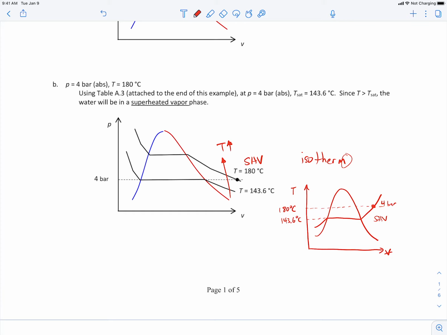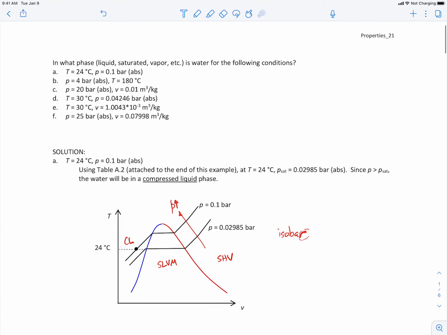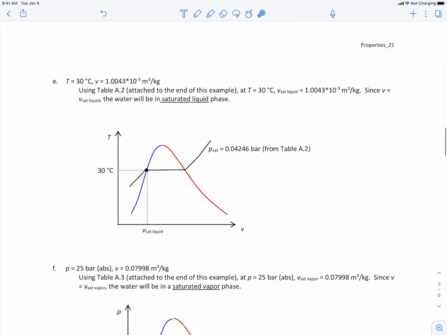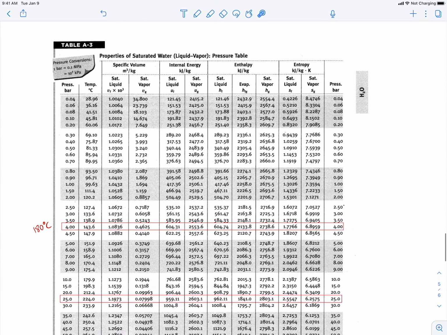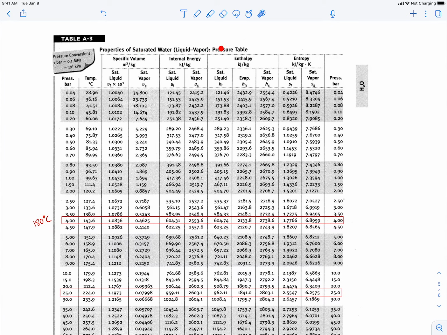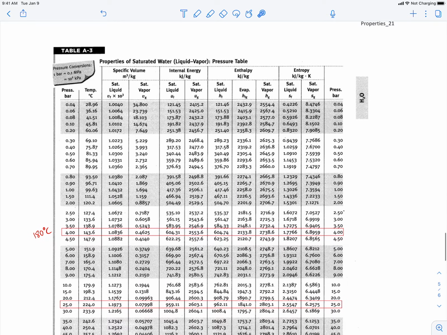So let's go to part C. That one is 20 bar and a specific volume of 0.01. Okay, so for that one, I'm going to go to the saturated liquid vapor mixture table organized according to pressure, 20 bar. So remember these numbers, 20 bar and 0.01 for the specific volume. We're going to go down to 20 bar.